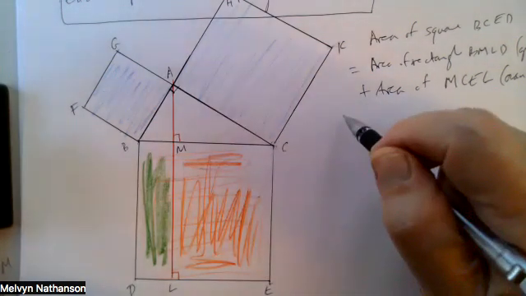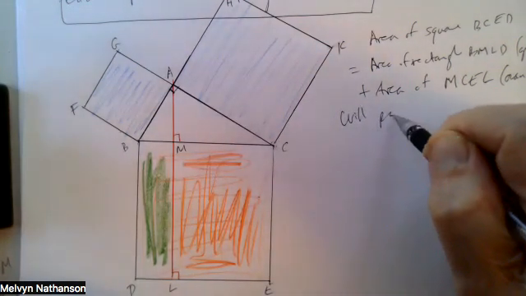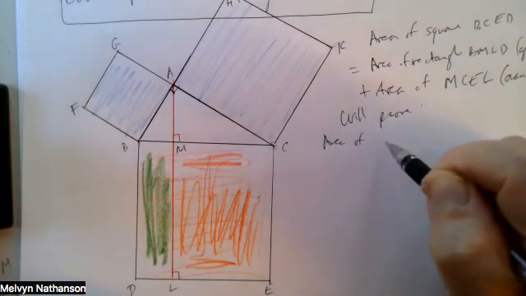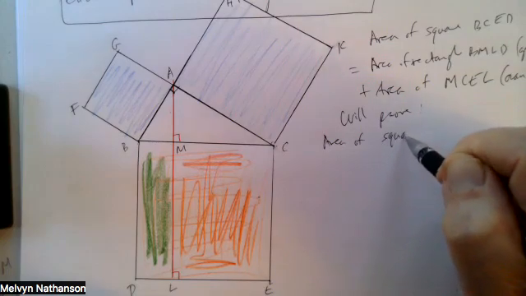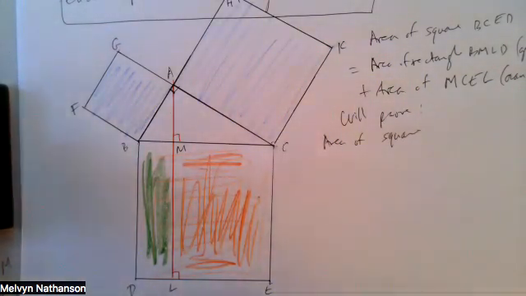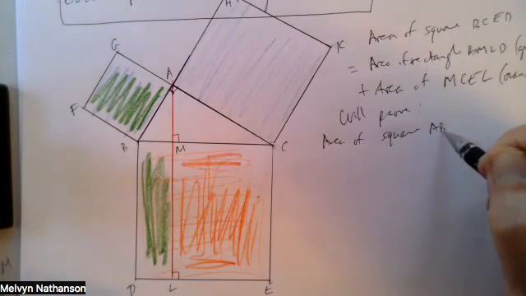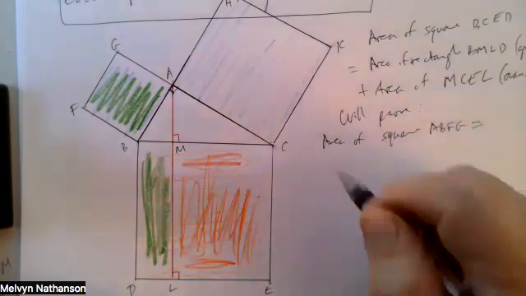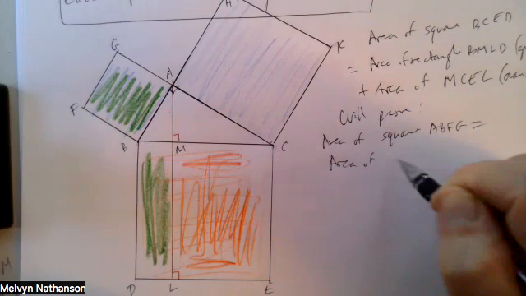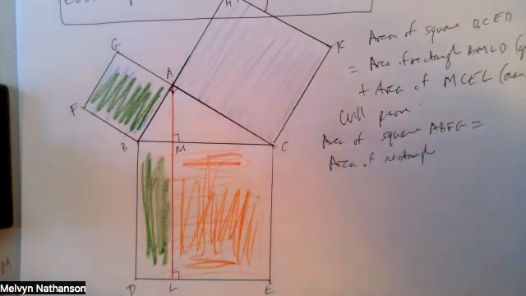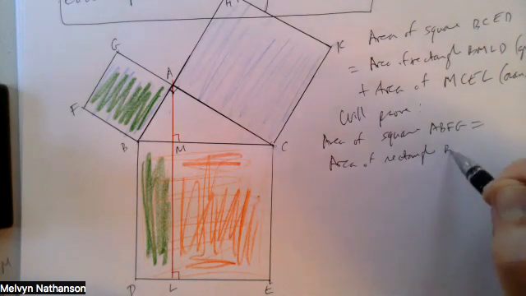And what we're going to prove is that the area of the square, let me make it in green, the area of the square ABFG equals the area of the green rectangle BMLD.